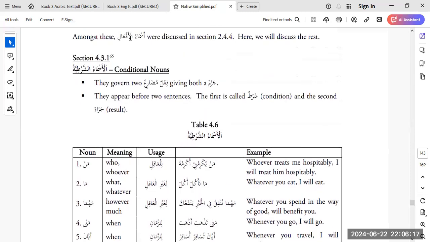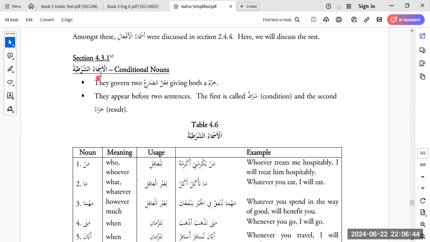So let's read it from here. Al-asma'u ash-shartiya means conditional nouns, but as I said, we can remember them with a broader meaning. That would be the instrument of condition. When you say instrument of condition, you don't need to remember whether it's a noun or a particle. But yes, if you remember it's a noun or a particle, that will be great. But here, these are the nouns only among these instruments.